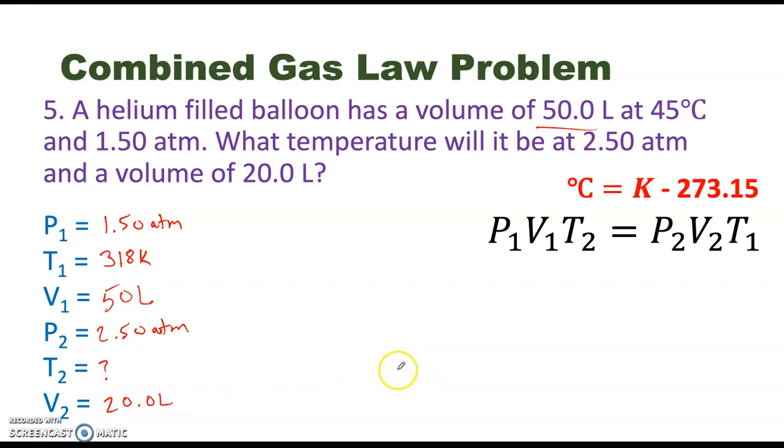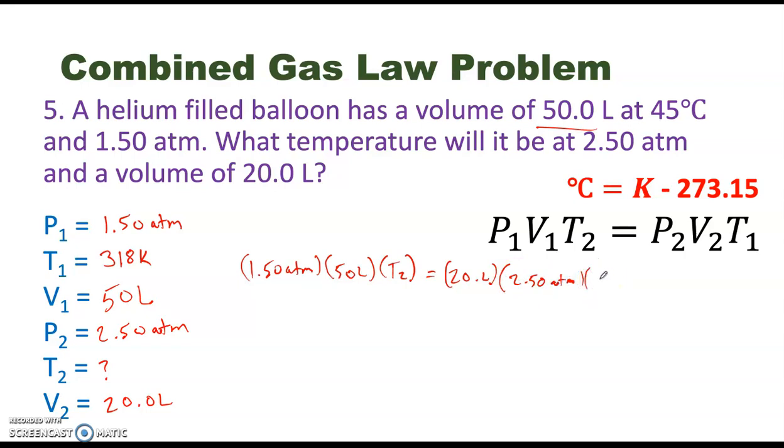So we solve for this just like we did last time. We put these in here. That's our P1, 1.50 ATM. V1, 50 liters. And then remember T2, which we don't know, so we put in T2. Then we go V2, which is 20.0 liters, times P2, 2.5 atmospheres.